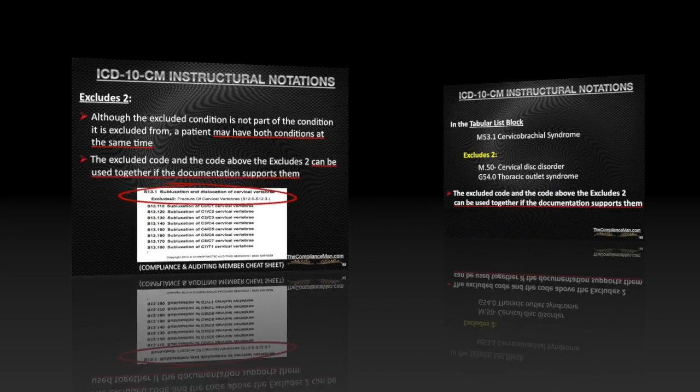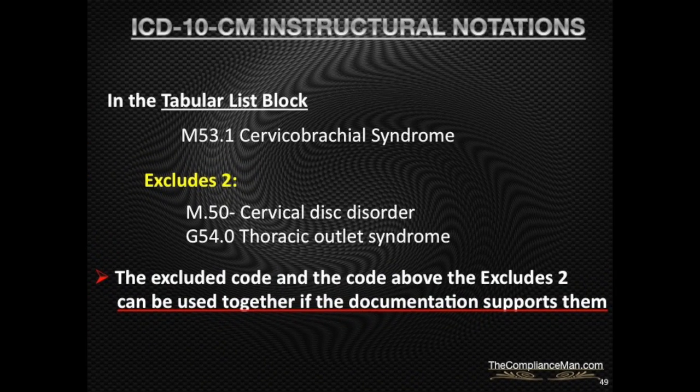So in this next slide, in the tabular list block, you see M53.1, cervical brachial syndrome. And what that means is that the patient has shoulder or arm pain of an unknown etiology. Underneath that, though, you see excludes 2, where you would see cervical disc disorder.